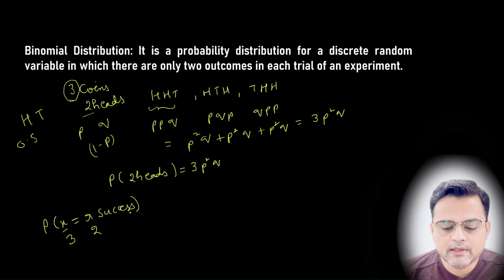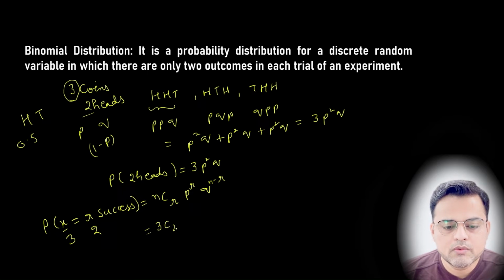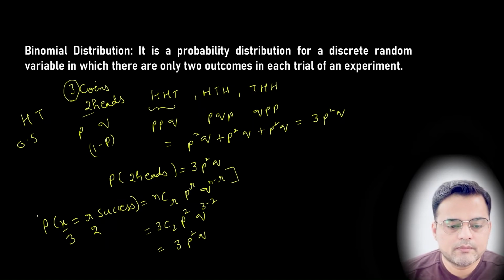So the probability of x equal to R successes will be nCr P to the power R Q to the power n minus R. Now put this example in the equation. It becomes 3C2 P to the power 2 Q to the power 3 minus 2. If you solve 3C2, this will be 3P square Q. So this is the formula for the binomial theorem.